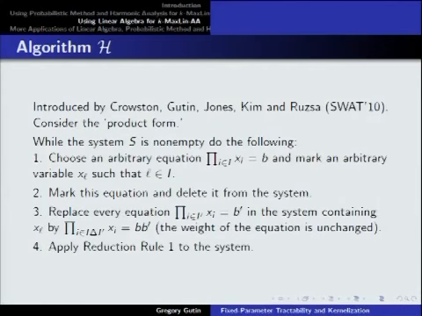Now we do Gaussian elimination. So we take every remaining equation where we have that marked variable, and eliminate that variable from that equation.